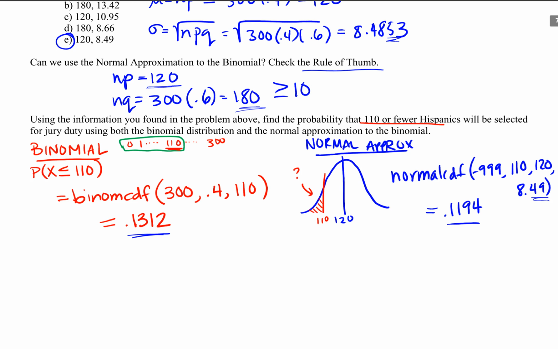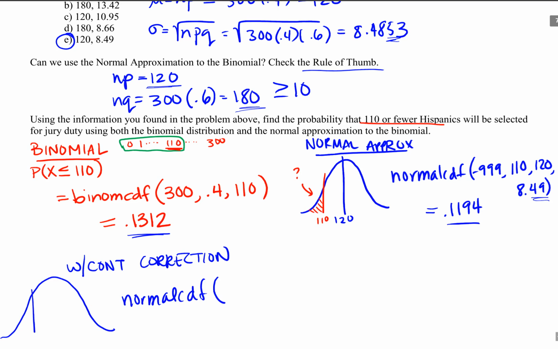So we're going to try out, for this example, the continuity correction. Now we're doing normal CDF, but we want it to start not at 110, right, but at 110.5. That way we are definitely including the 110. Like it said, we want to include it. So we will use still negative crap ton of 9s, 110.5, 120, and 8.49.